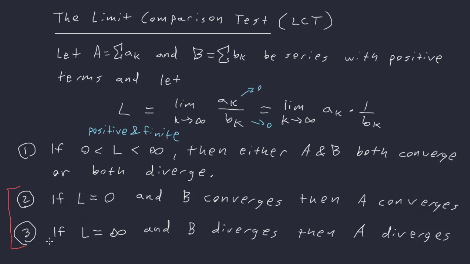Right? And then the same thing here with if L is infinity and B diverges. Well, again, we're only considering this if both these go to 0. So if this whole thing's going to infinity and B diverges, then A also has to diverge. Okay, so like I said, these two cases I think are harder to wrap your head around.